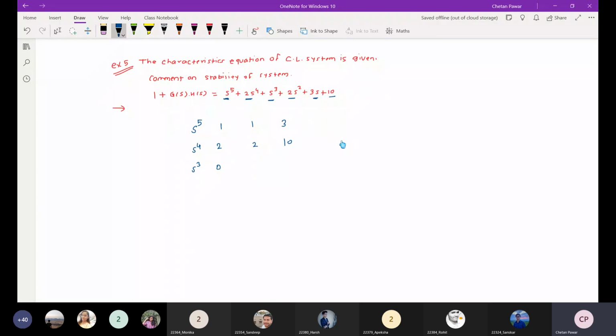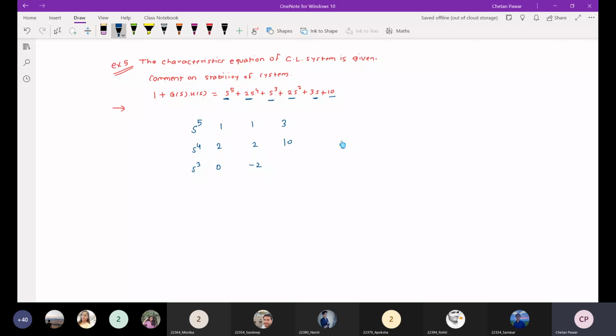Now if I want to find out the second element of this row, 2 into 3 minus 10 divided by 2. So 2 into 3, 6, minus 10, divided by 2. So this will be minus 2. So I will just replace that with -2.